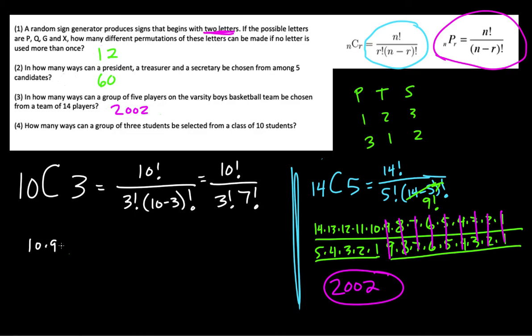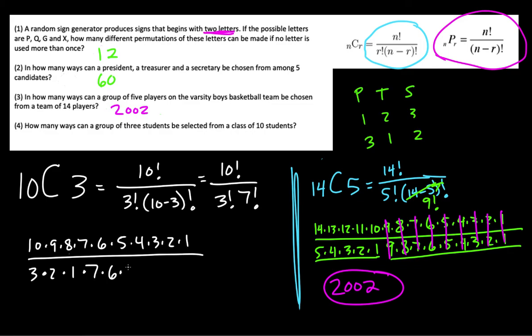So I get 10, 9, 8, 7, 6, 5, 4, 3, 2, 1. And then the 3 factorial is 3, 2, 1. And the 7 factorial is 7, 6, 5, 4, 3, 2, 1. All the way from the 7 down, cancels out.